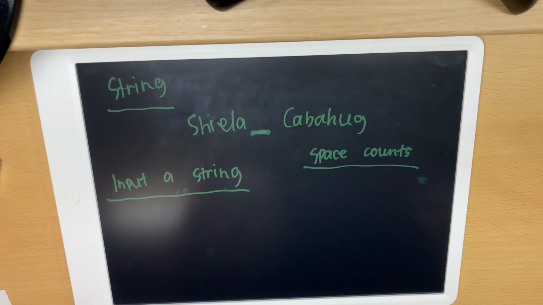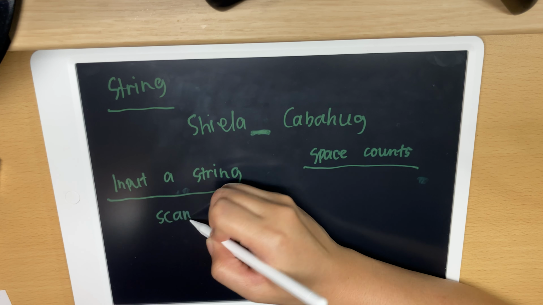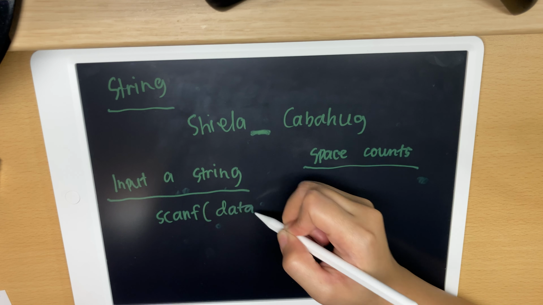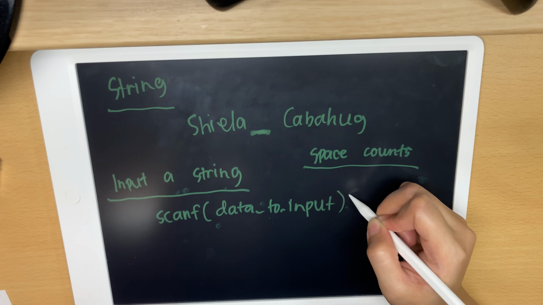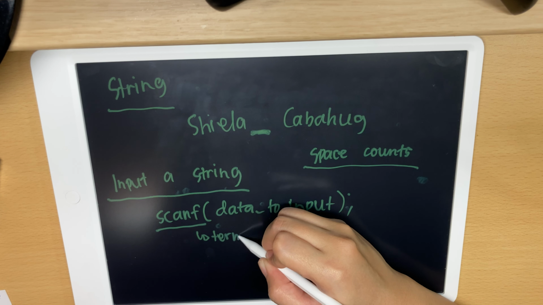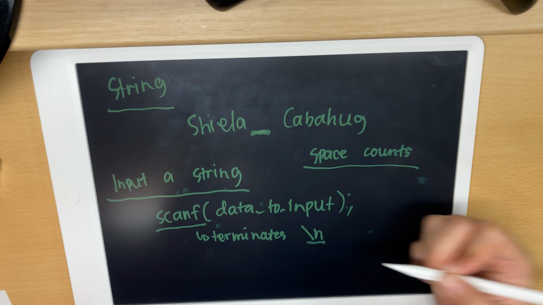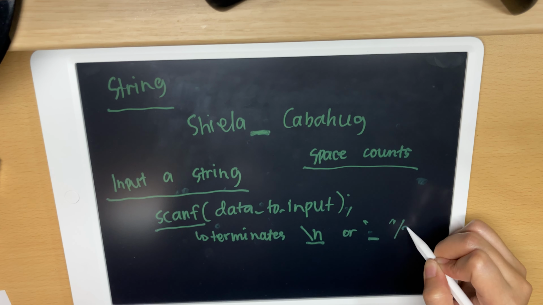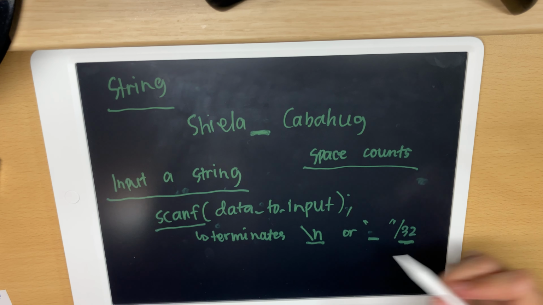So to input variables, we usually use scanf, right? And your data here. However, if you remember that scanf terminates when the enter key is pressed or the space, the ASCII value of space.